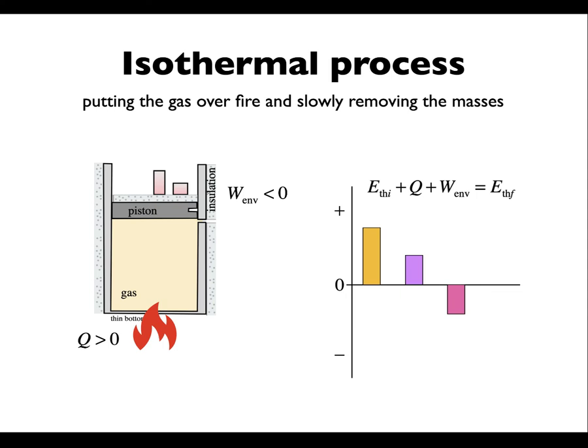So the work done by the environment is negative because the gas is expanding, so it's pushing against the environment. And because the temperature is kept the same, the thermal energy doesn't change. So your yellow bars are the same size at the beginning and at the end.